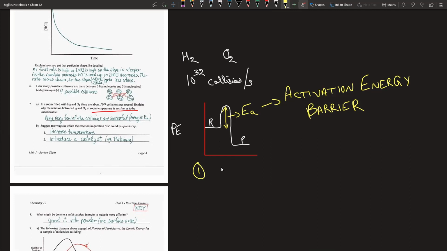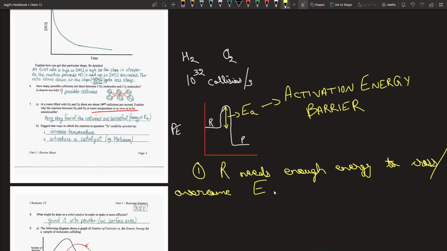Your reactants need sufficient energy to cross, or you can say to overcome, the EA barrier, which I've drawn right here. It means your reactants need to have enough energy to go past this barrier.